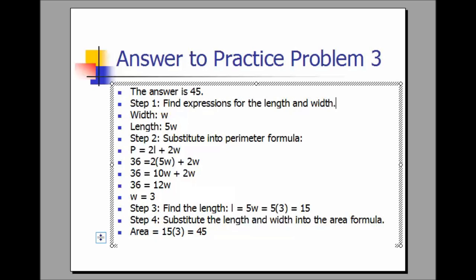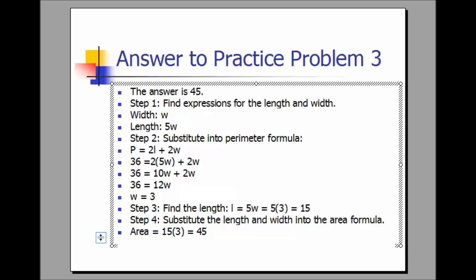Now we substitute into the perimeter formula. This gives us 36 equals 2 times 5W plus 2W. 36 equals 10W plus 2W. 36 equals 12W. And dividing by 12 tells us that W equals 3.